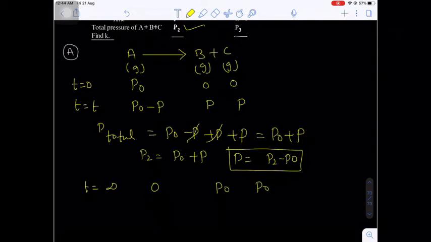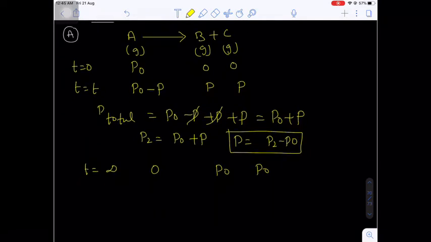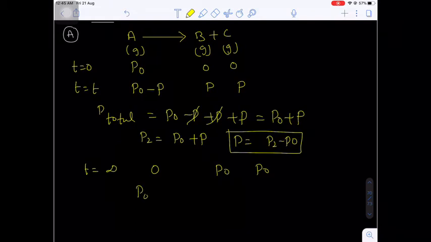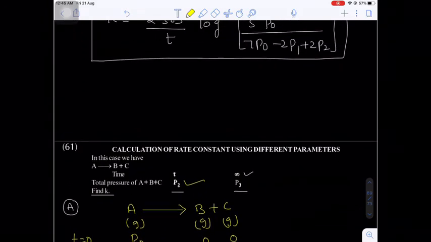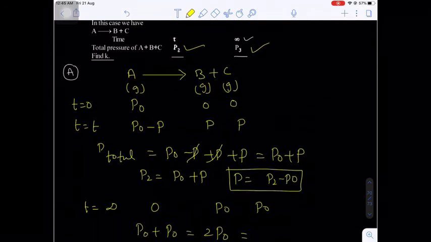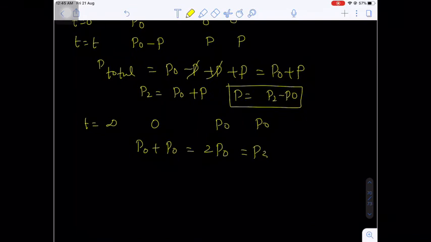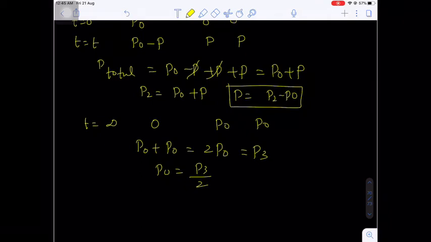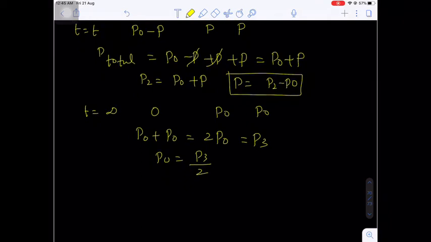As per the 1:1:1 stoichiometry, P0 is the partial pressure of B and P0 is the partial pressure of C. What is the total pressure at T infinity? P0 plus P0, that is 2P0, which in the given question is P3. From here, the P0 value is P3 by 2. Are you getting my point?